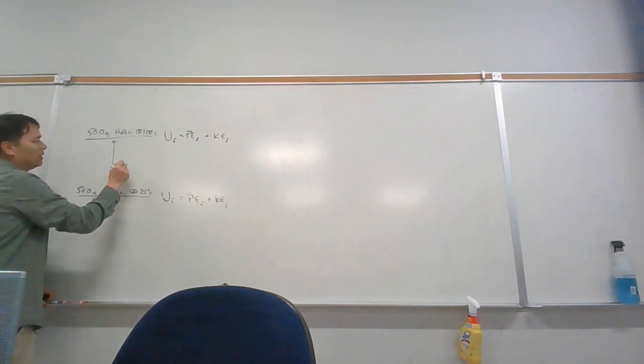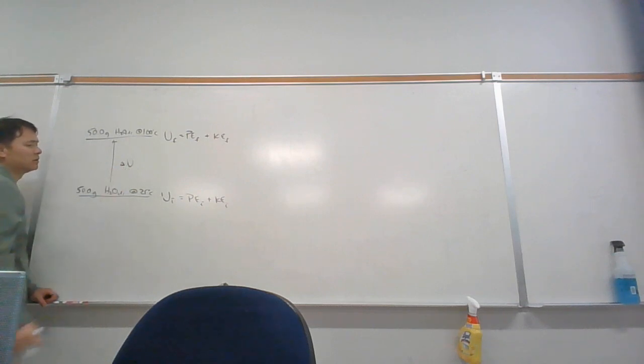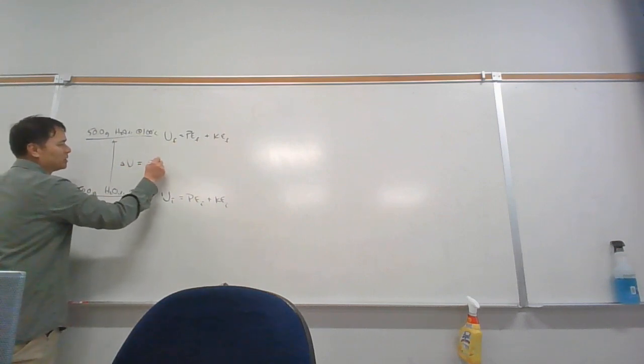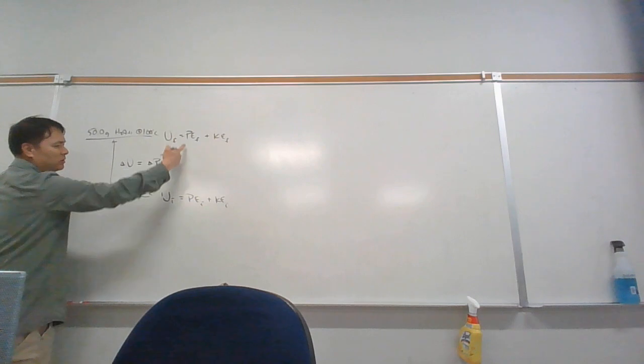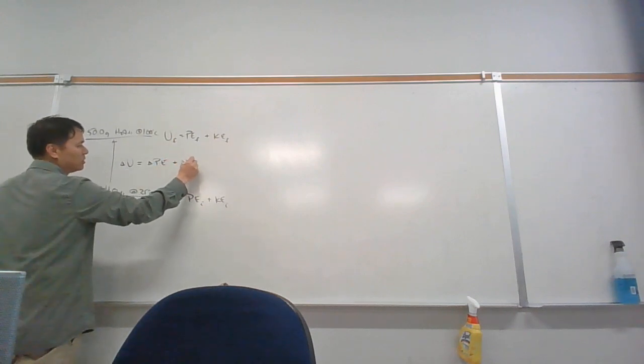But we can determine a change in internal energy quite accurately. And so delta U, this is no problem. We can do accurate calculations for this. And so delta U is going to equal the change in potential energy, that is potential energy final minus potential energy initial, and the change in the kinetic energy.